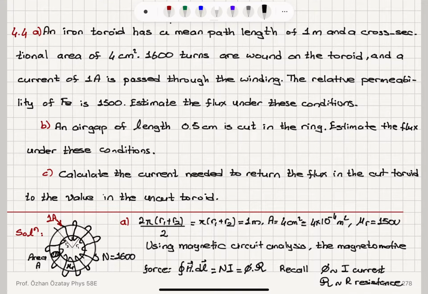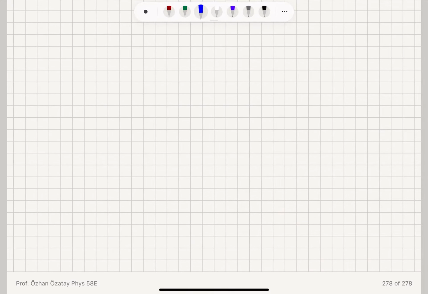This is what we recall from the lecture. All right, now we can calculate the reluctance of the toroid. The reluctance R is the mean path length L divided by the permeability mu r mu 0 times the cross-sectional area.